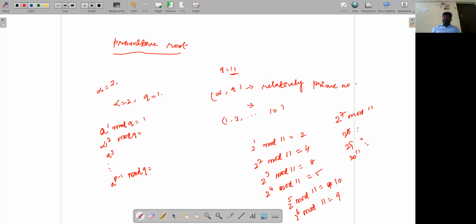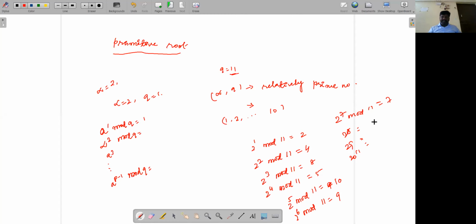Let me find the answers quickly. I hope this is clear. I'm waiting for your replies. So 2 power 7, 8, 9. Anyone can unmute and quickly tell the answers. 2 power 7 is equal to 7. Okay, very good.